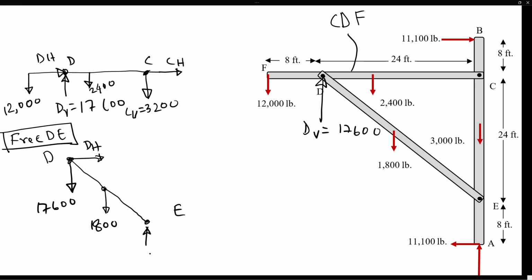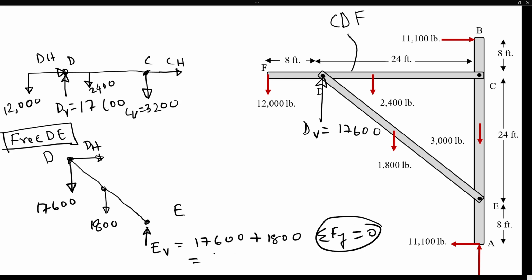So then, just to balance that, the vertical component at E must be equal to the two other forces coming downwards. So very simple. What we did here is simply summation of Fy is equal to 0. That's the principle we applied. So basically all the load coming from upward will be balanced by the point E. So the total is 19,400, and that's a positive force.